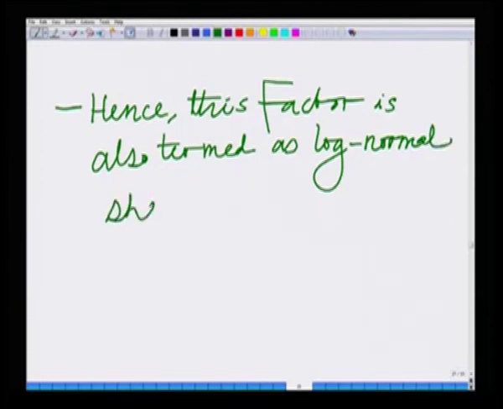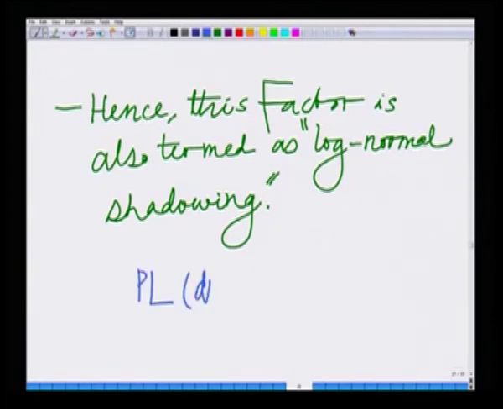Hence, this shadowing factor is also termed as a log normal shadowing factor. All right. So, what we are saying is that the observed path loss in dB is equal to the median path loss plus a log normal shadowing factor.